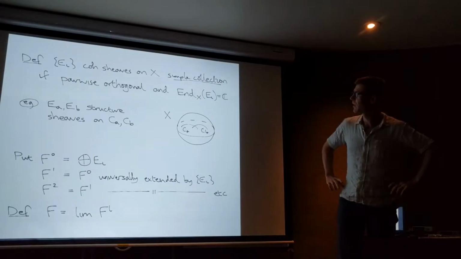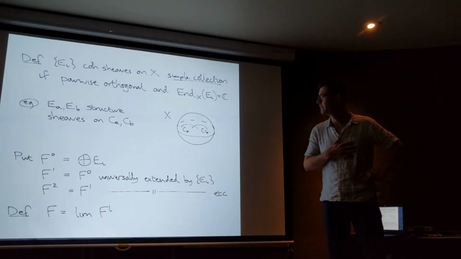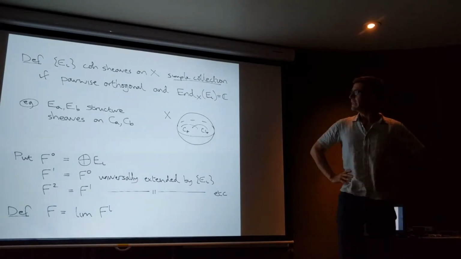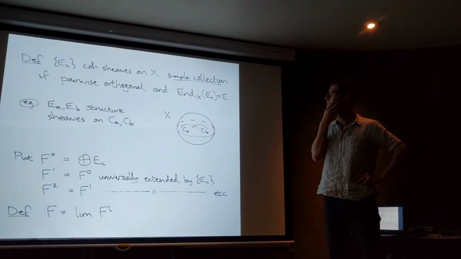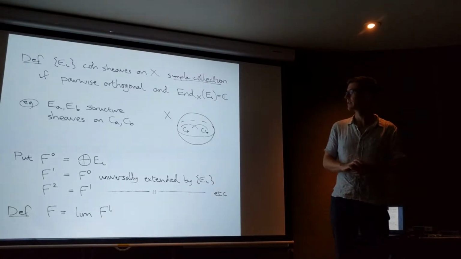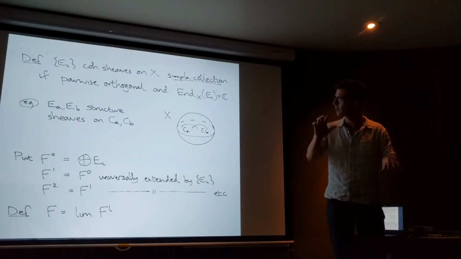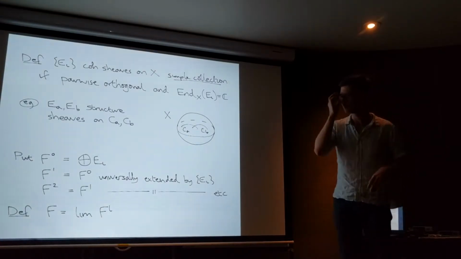Now, this formalism of non-commutative deformations follows work of Kawamata. Let's take a finite collection of coherent sheaves on X, our variety, and I will say they're a simple collection if they are pairwise orthogonal and each one has only scalar endomorphisms.